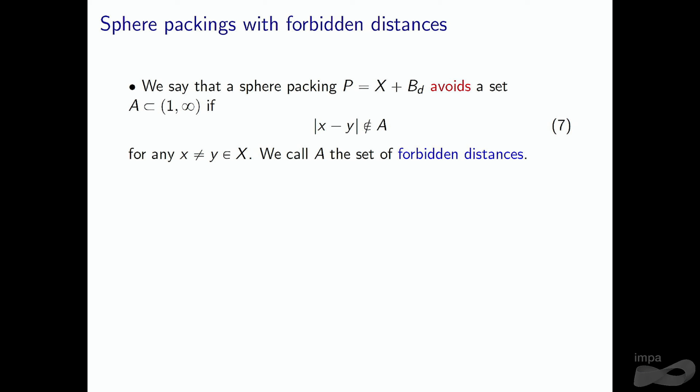You take a packing, and we say that this packing, X plus BD, avoids this set A contained in this half line if for any 2 distinct centers of your set of centers, their distance does not lie in your set A. And so we call A the set of forbidden distances. We define the density of a packing in the same way as before.